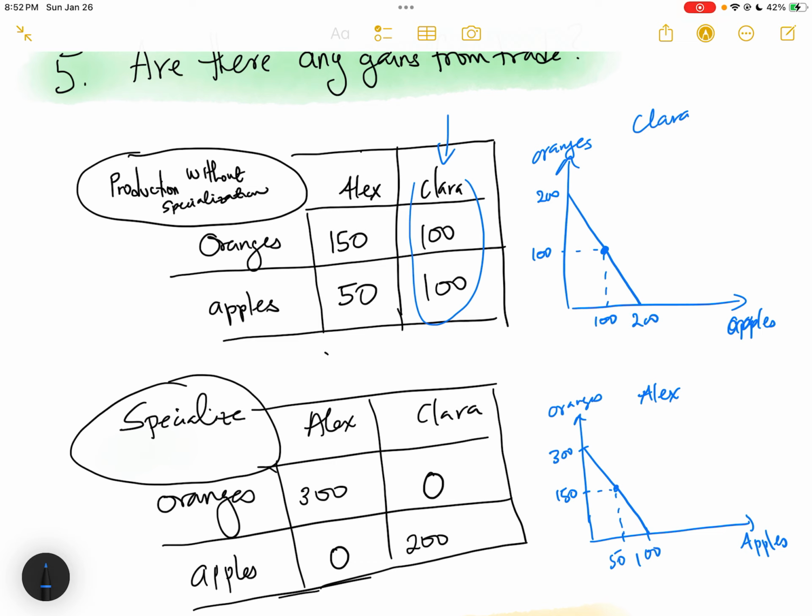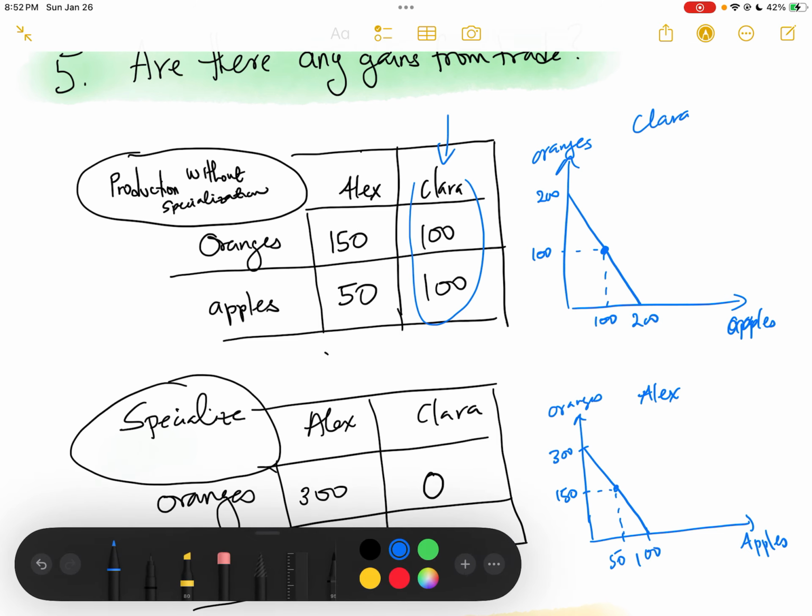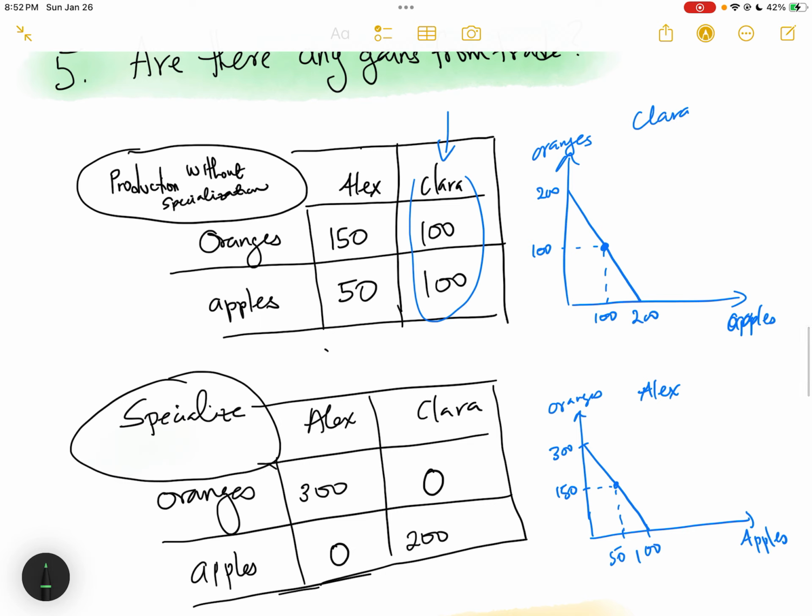Great. Now, when we say specialize, we are asking Clara to completely focus on producing the good in which she has the lower opportunity cost. Clara will be specializing in apples. So in green, Clara, specializing in apples, will move to this corner from her production spot.